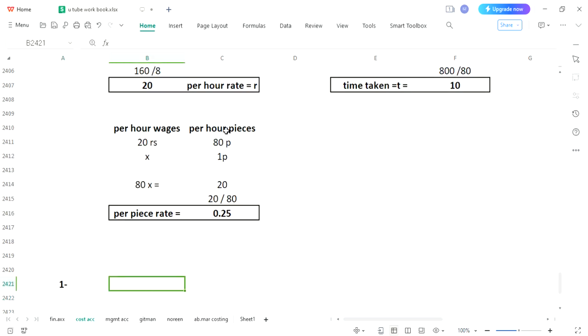So what we do: piece work rate is equal to the number of pieces made multiplied by the per piece rate. So here is our formula, and now we will see how many pieces the worker has made.